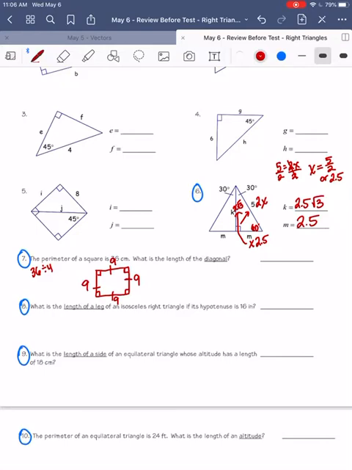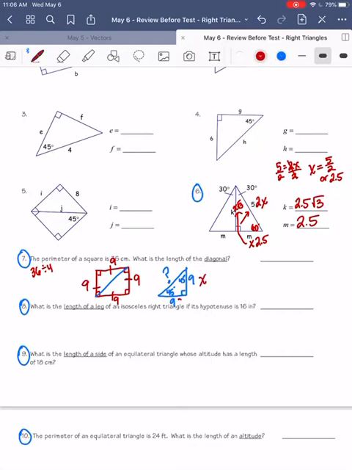Now, what does it ask us for? What is the length of the diagonal? So remember, when you cut a square, that's going to turn it into a 45, 45, 90 triangle. It asks us the length of the diagonal, which is this.